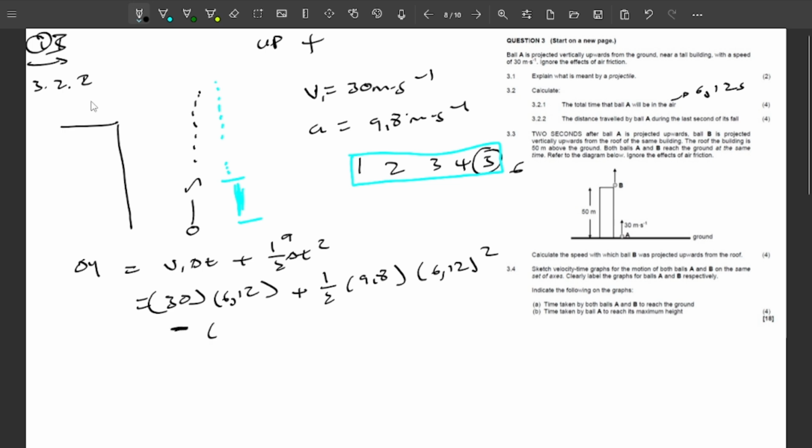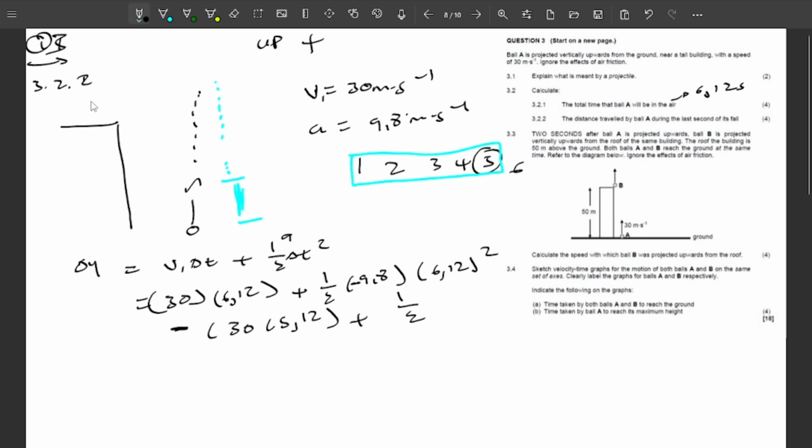So I'm going to say minus the v initial, which is going to be 30 times 5.12. Remember that since up is positive, 5.12. Remember that they said the last second, so basically before it hits the ground at 6.12, that last second is 5.12, right?